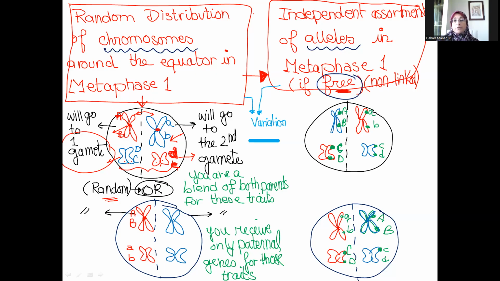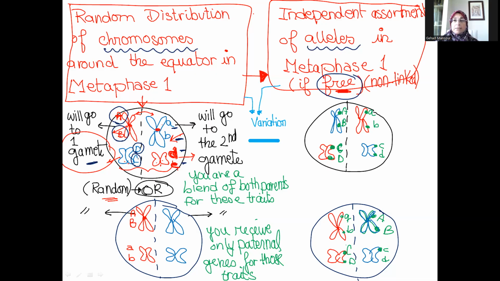In that first arrangement, if you are formed from this gamete to the left, then you're going to take the dominant allele A and the dominant allele B, and accidentally you also took the dominant alleles D and C from your dad. But if you're formed from the gamete to the right, then you're going to take the recessive alleles from your dad, A small, B small, and the recessive ones from your mom.